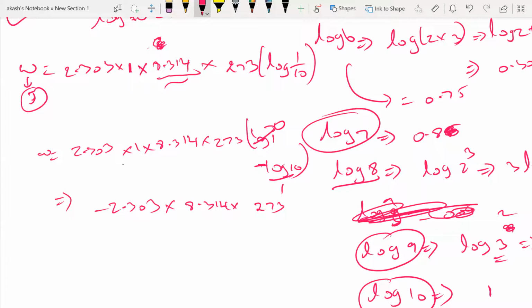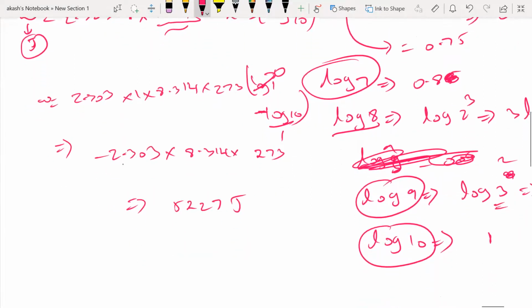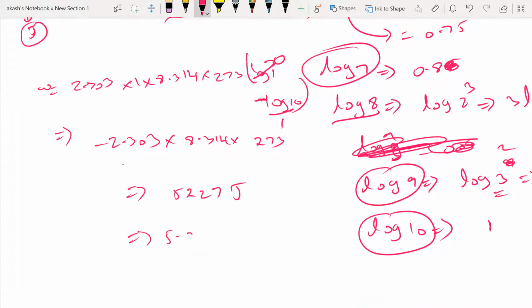Sir, 5227. Yeah, that's what. 5227 approximately joules. Or you can also write it as 5.227 kilojoules. This is also okay for me. Either 5.227 kilojoules or 5227 joules, that is going to be the answer.